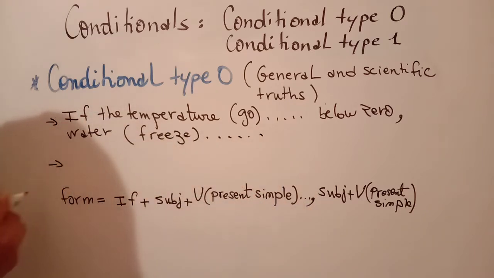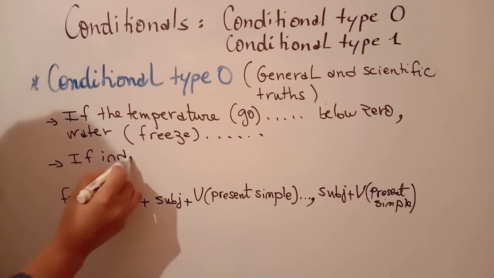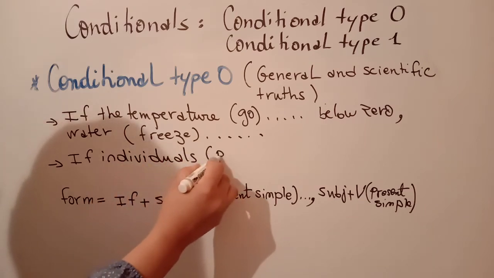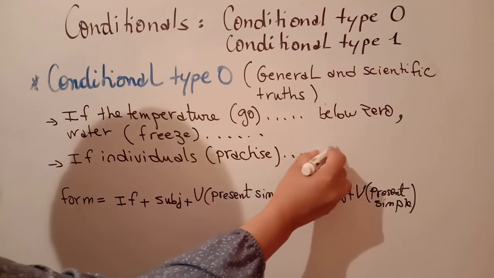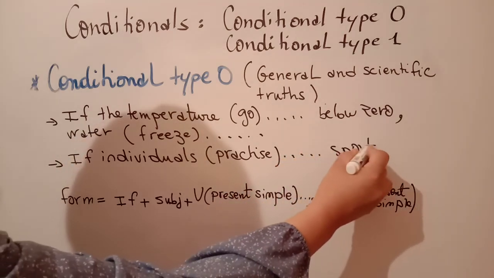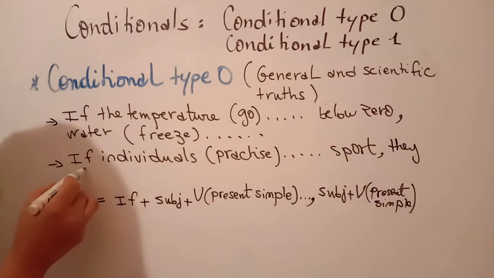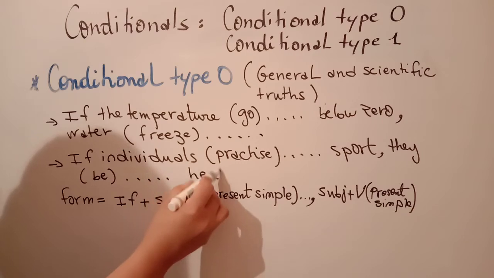Another example, if individuals, for example, verb practice, sport, they, the verb to be between brackets, healthy.